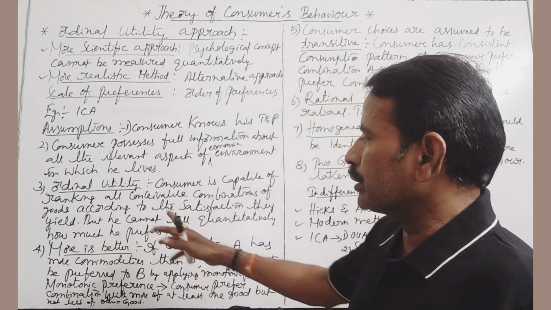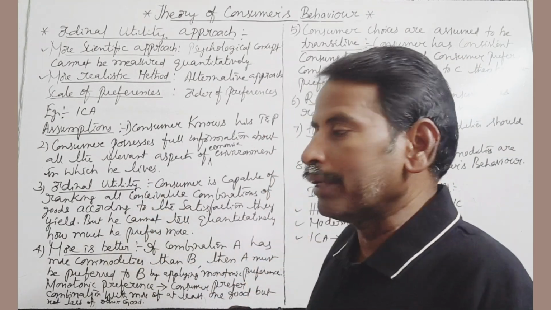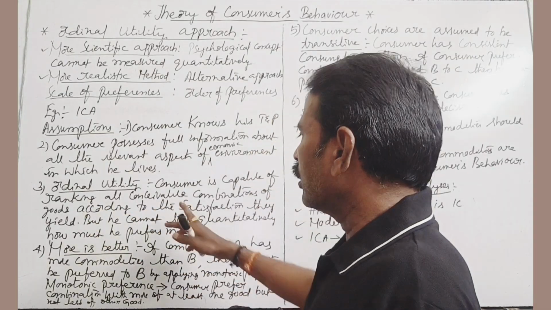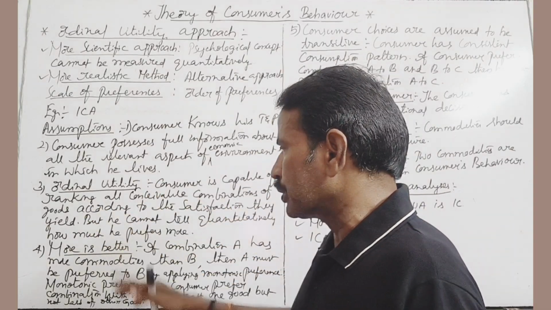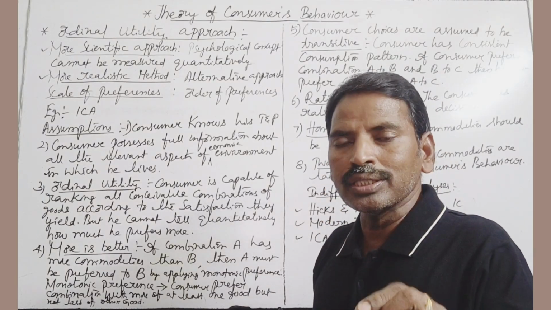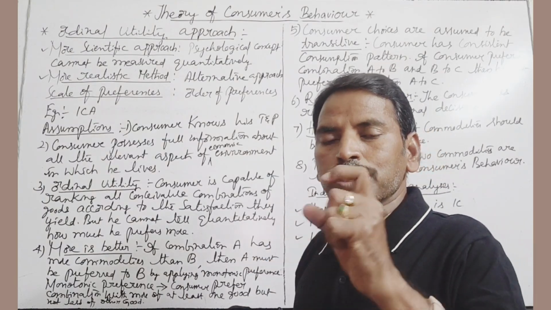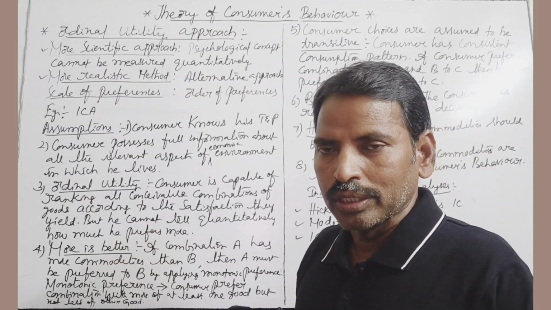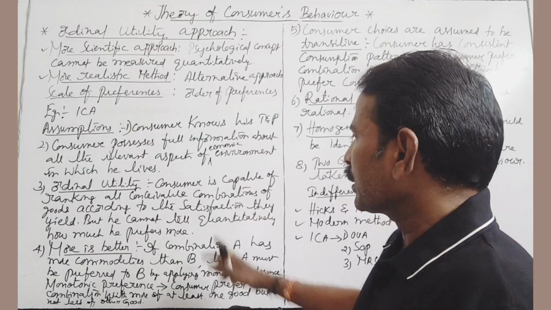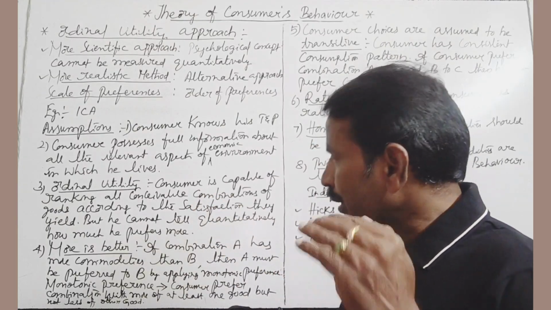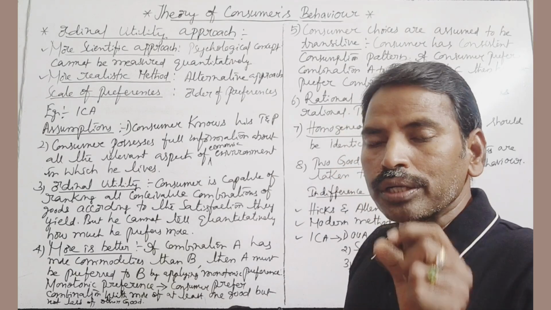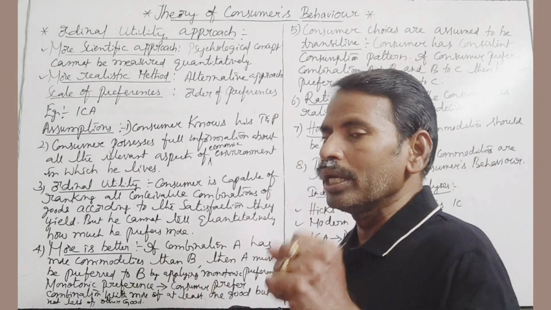Next, the third assumption is ordinal utility. The consumer is capable of ranking all consumable combinations of goods according to the satisfaction they yield. This is known as scale of preference, order of preferences, or ranking of preferences.